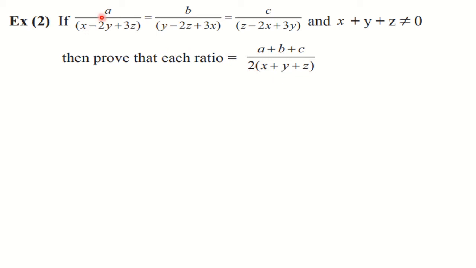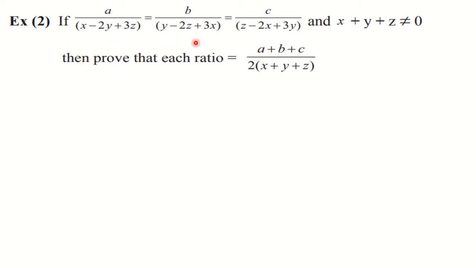Again observe the question. Here you have a, b and c respectively, and you will see that they are added in the numerator. So it is very clear that you are going to use the theorem on equal ratios.